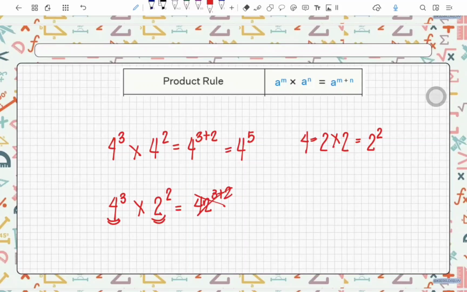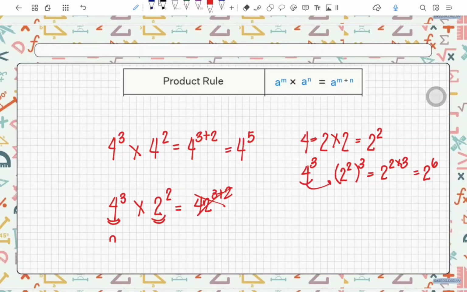So 4 to the third power, if 4 is equal to 2 to the second power, becomes 2 to the second power to the third power. This will be another rule later. That's the product rule. This will become 2 to the power of 2 times 3, which is equal to 2 to the power of 6.